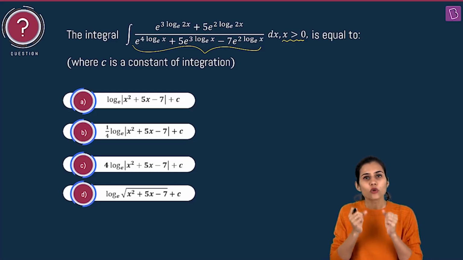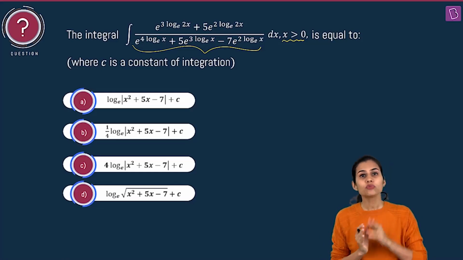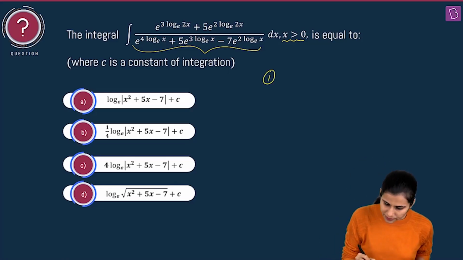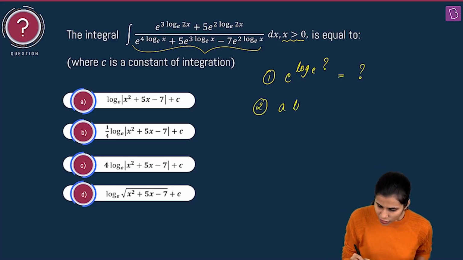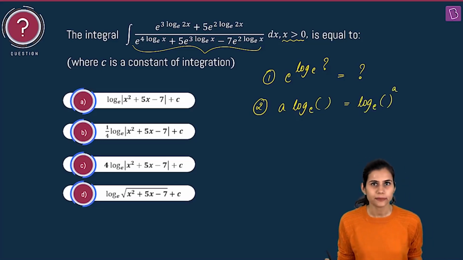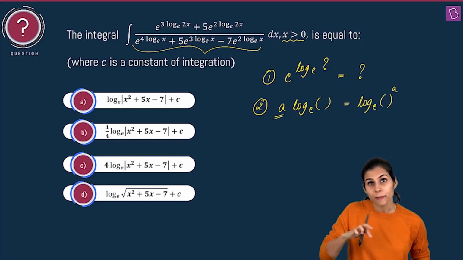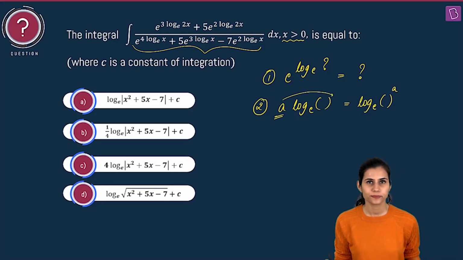So in order to dissolve this integrand into something simple to deal with, you have to just keep two things in mind. Number one, e to the power log of whatever to the base e is that whatever. And number two, a log input to the base e is log of that input to the power a, base remains the same, e. Basically, this multiple a moves to the power of the input.